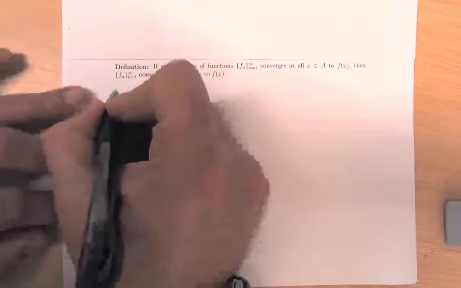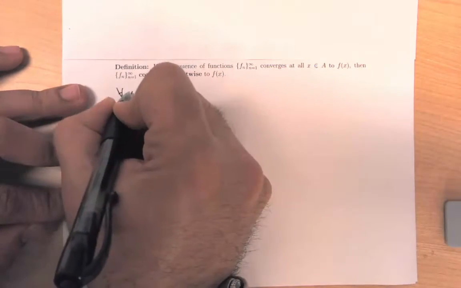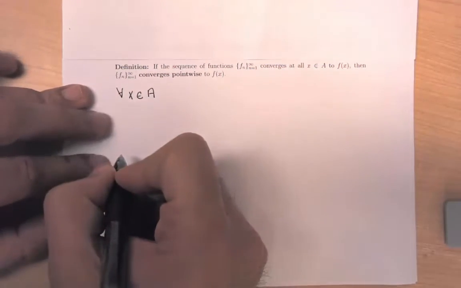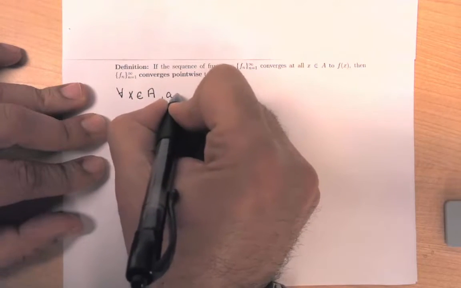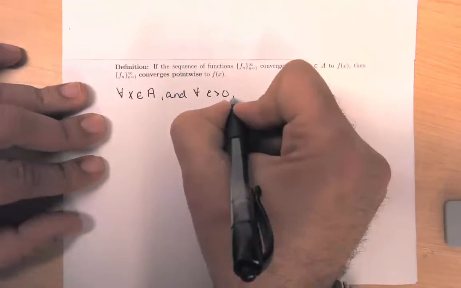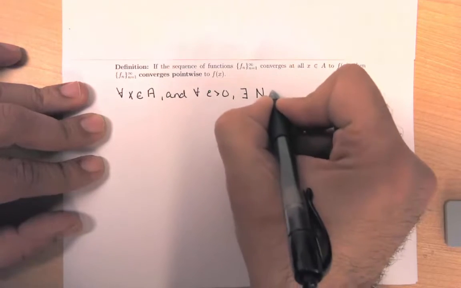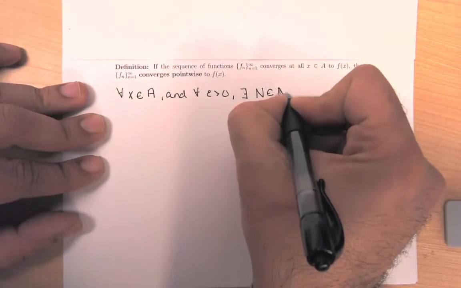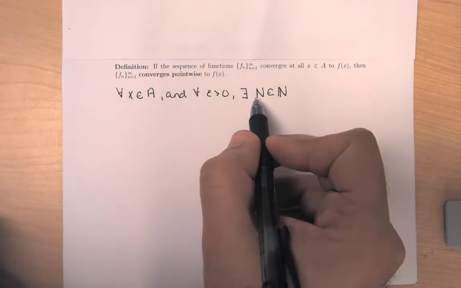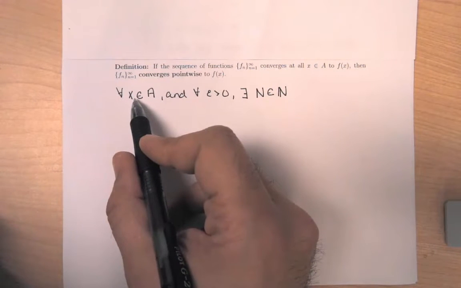Another way of describing this: for all x in A, and for all positive epsilon, there exists a natural number N. Now let's just pause here and notice that this natural number N is going to depend on epsilon, but it also depends on x.